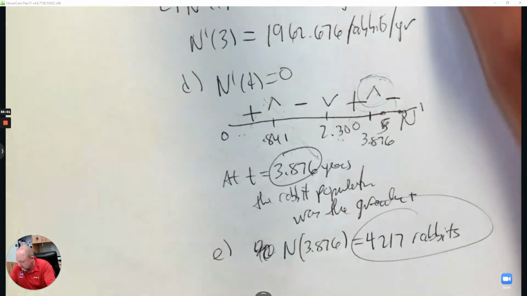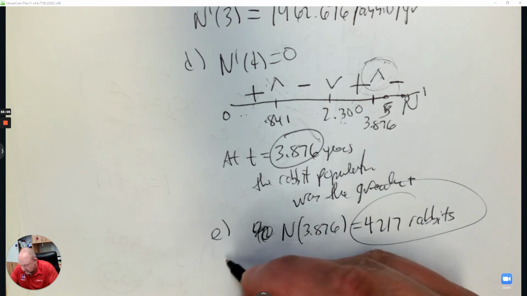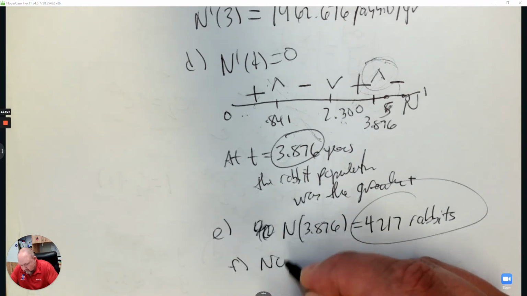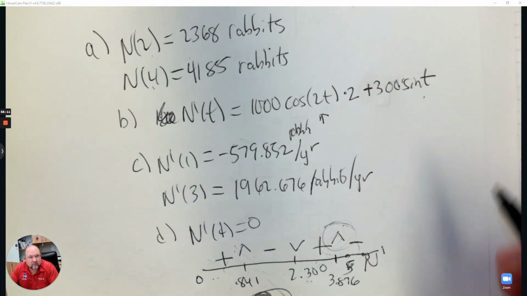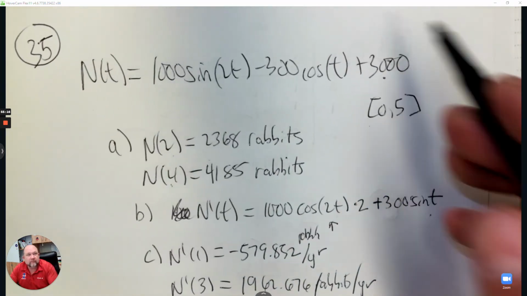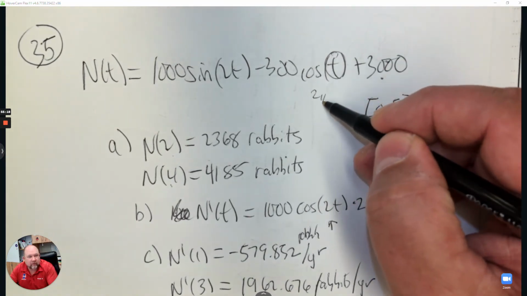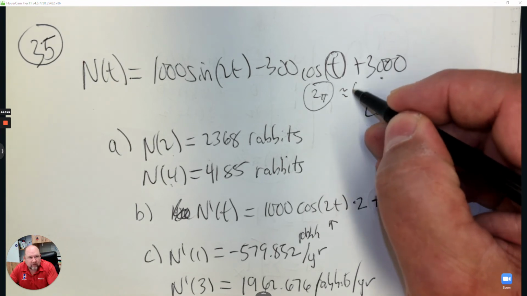F, does the function go through at least one full period cycle through the 5 years? And the answer is no. So if you think of one cycle, that's 2 pi. And 2 pi is about a little bit bigger than 6.